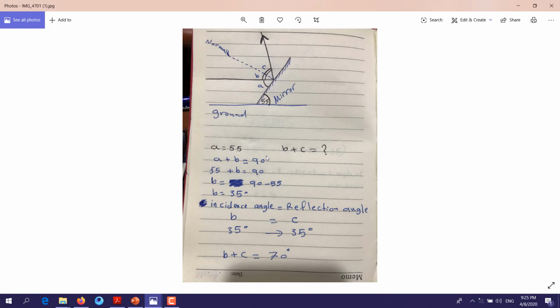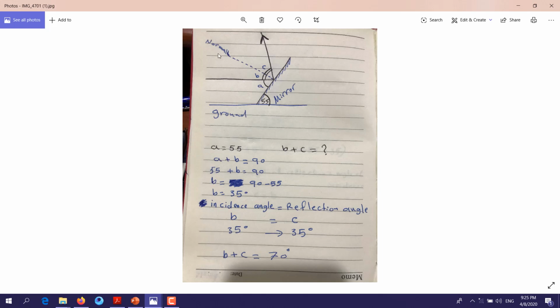The key to solve this question is that this incident ray and the ground are parallel. So this 55 is equal to A. That means angle A is 55. They want us to find B and C together. How much do they equal?